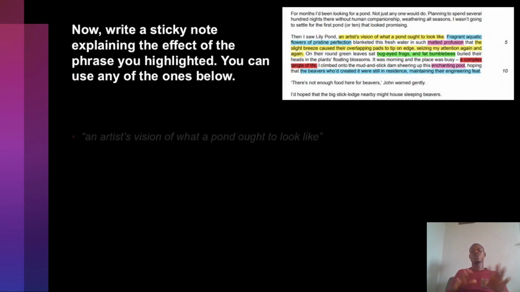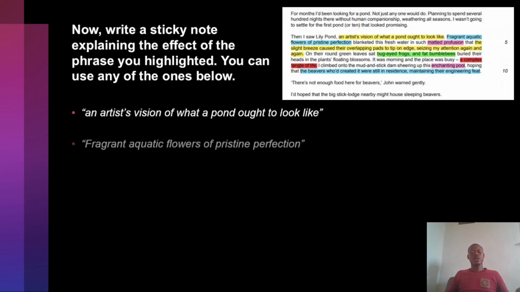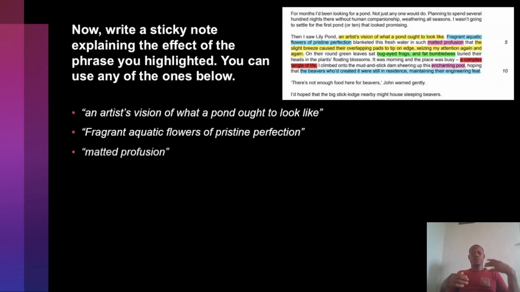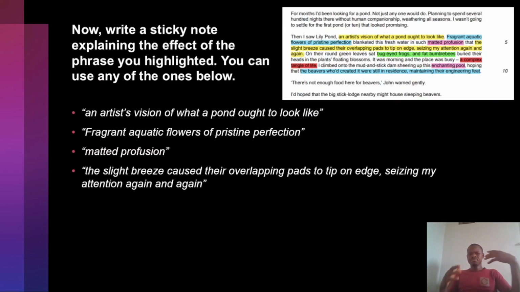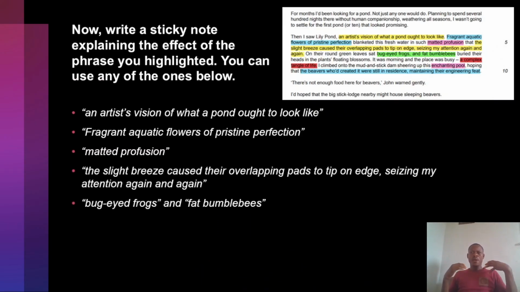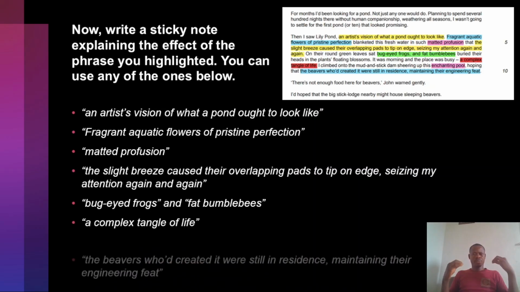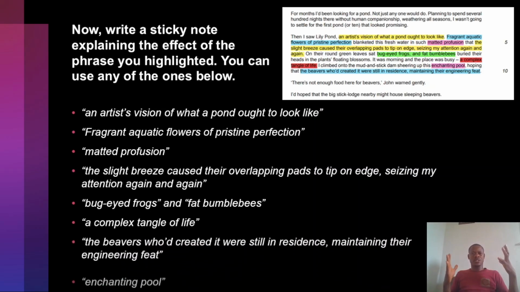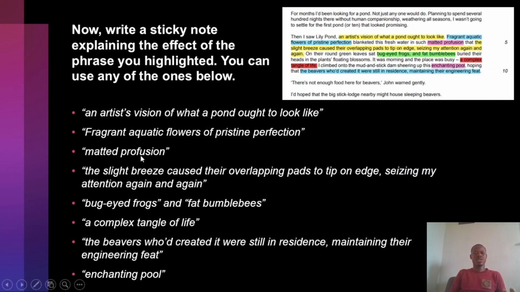Now, we're going to do another activity. So far, we've been able to highlight about 8 or 9 instances from the text, right? Let me count. 1, 2, 3, 4, 5, 6, 7, 8. Okay, 8 instances from the text.